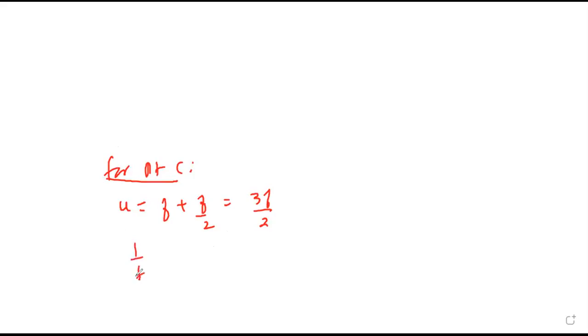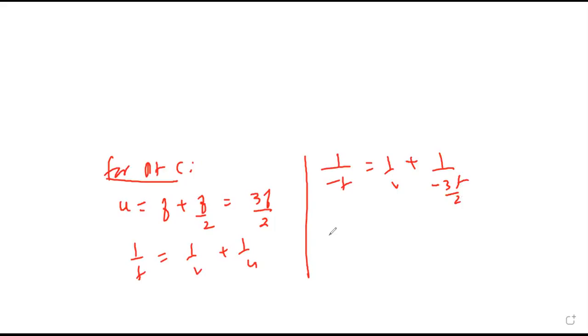So 1 upon f equals to 1 upon v plus 1 upon u. This is 1 upon minus f equal to 1 upon v plus 1 upon minus 3f by 2 from the pole. So minus 1 upon f equal to 1 upon v minus 2 upon 3f.